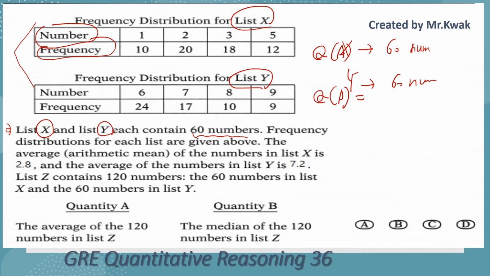The average, or arithmetic mean, of the numbers in list X is 2.8 and the average of Y is 7.2, and list Z contains 120 numbers.